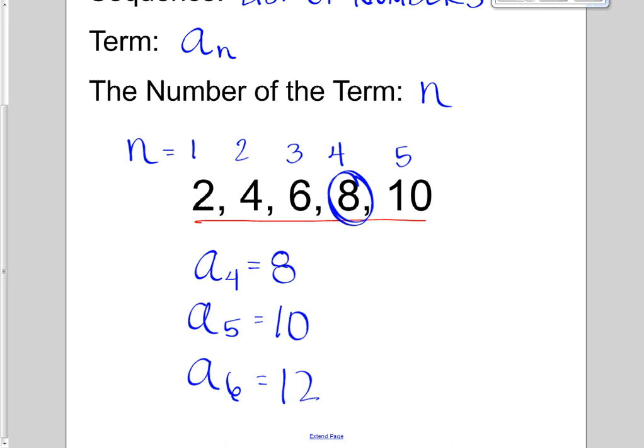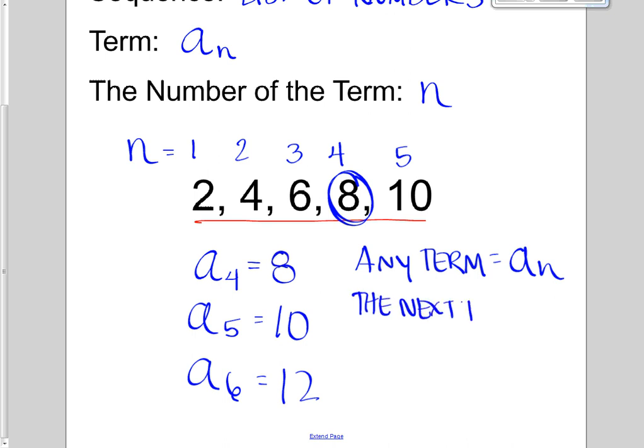So if I want to refer to any term, I would say A sub n. If I wanted to refer to the next term after that one, then I would use A sub n plus 1, right?